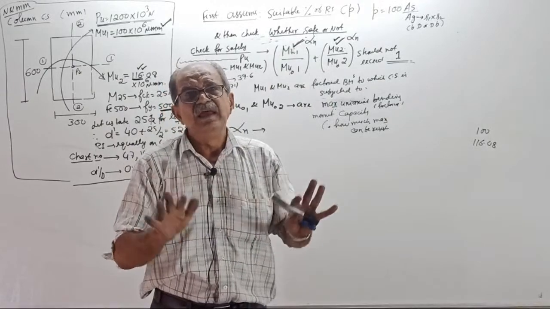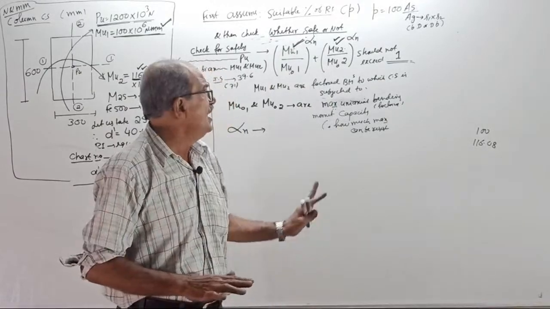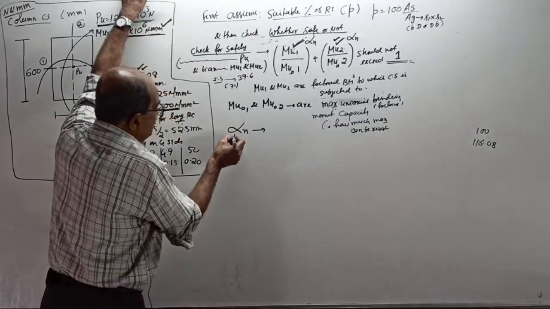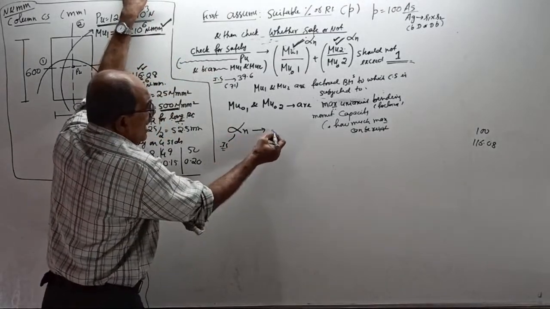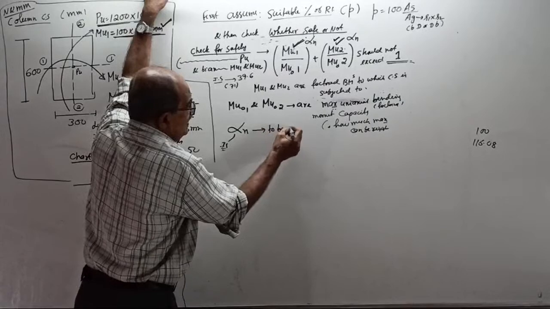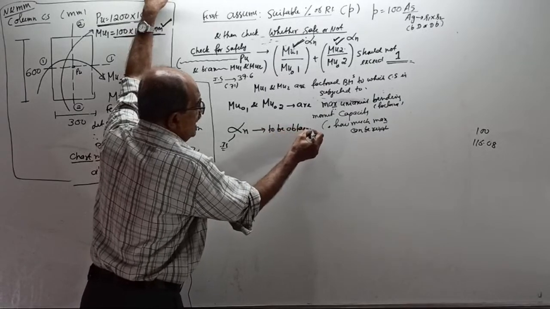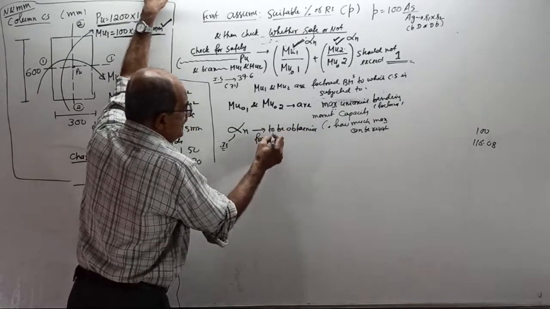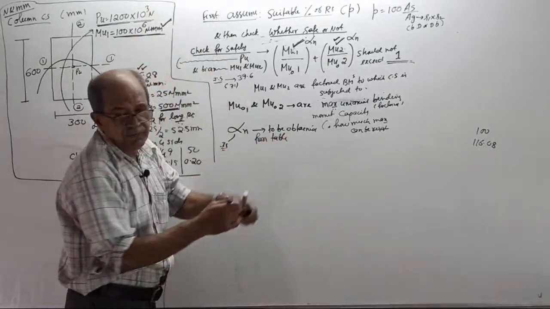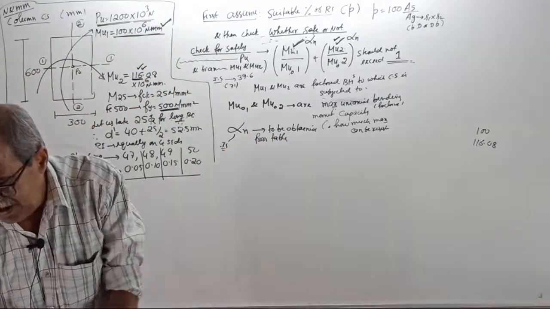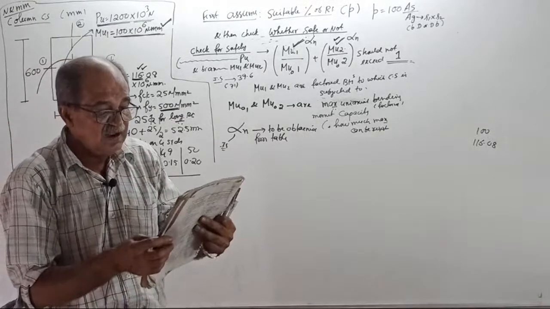Sorry, this is not a theory subject. Very sorry. Believe me, it is given in IS code. Alpha n is to be obtained from table number. I will tell the table number. See IS code, table number.